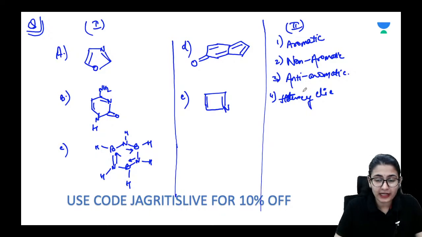This is the last option, heterocyclic. This is heterocyclic, I've written, plain simple.